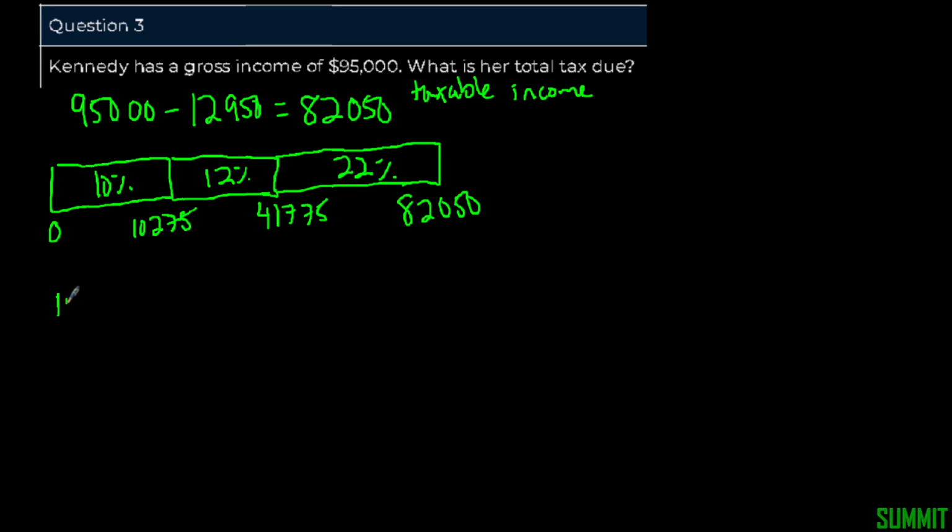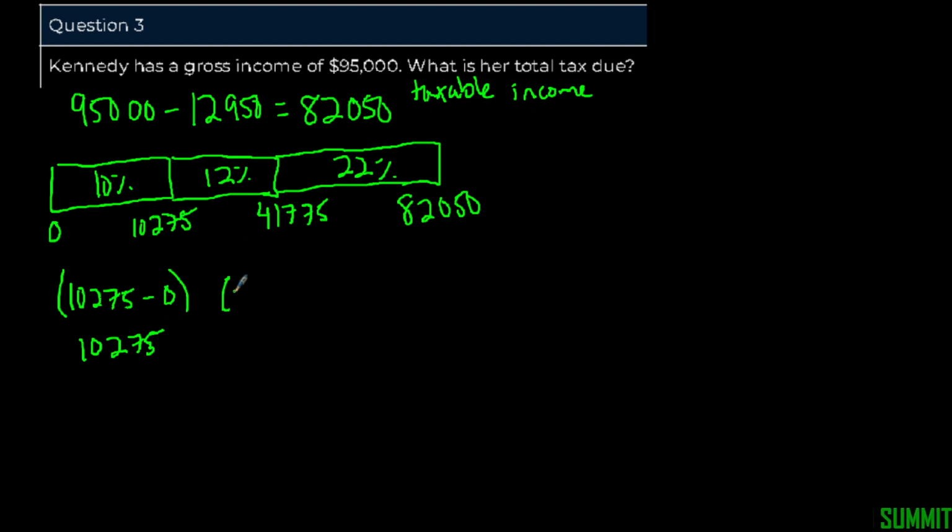So now we're going to do 10% of, well, I'm going to slow down. Let's make sure I do my subtraction first. So I do 10,275 minus 0 is the 10,275. Then I do 41,775 minus the 10,275 to get the taxable amount at 12%.